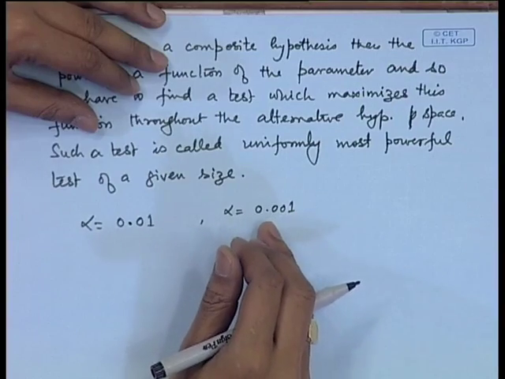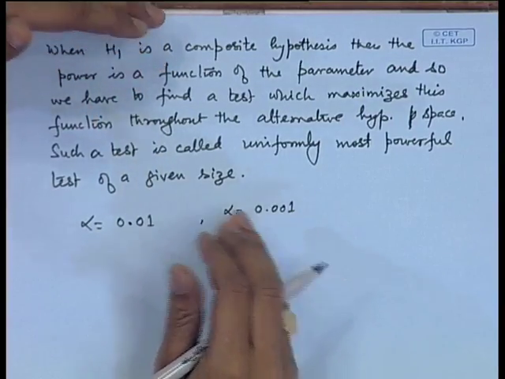So, in that case we would like to find a most powerful test such that the probability of type 2 error is the smallest.